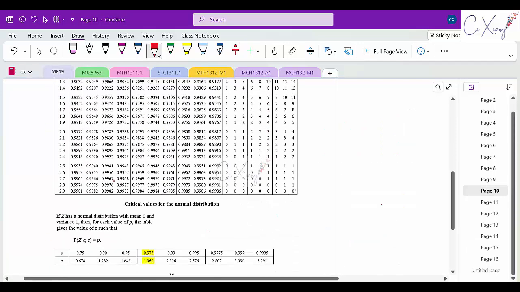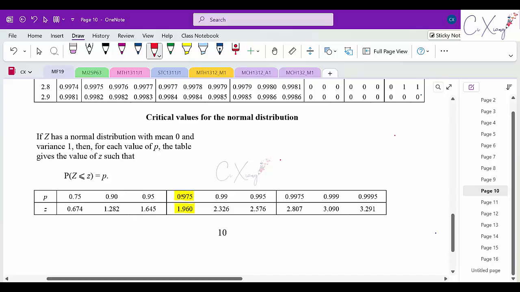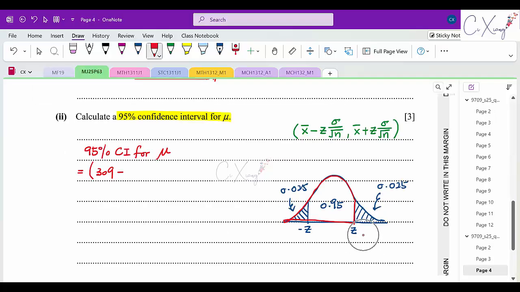To get the value of z, look for 0.975 in the table, and you get z equals 1.96. Then the negative z will definitely be negative 1.96, right?